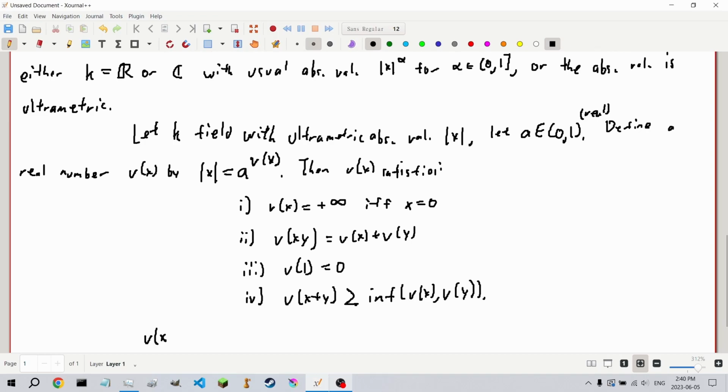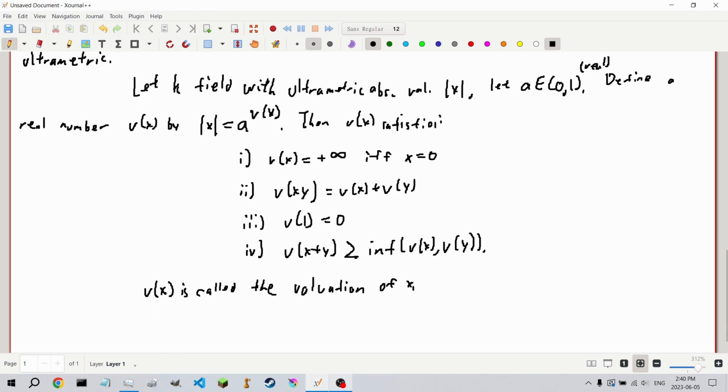With this, v of x is called the evaluation of x. And this is a bit esoteric, a bit opaque. So let's look at some examples.